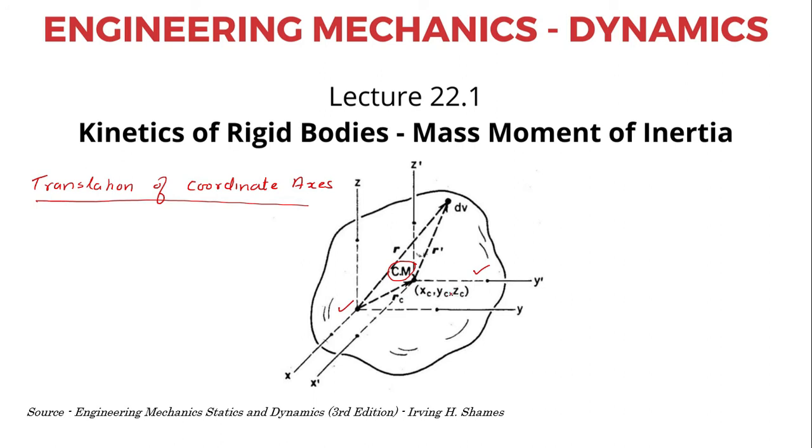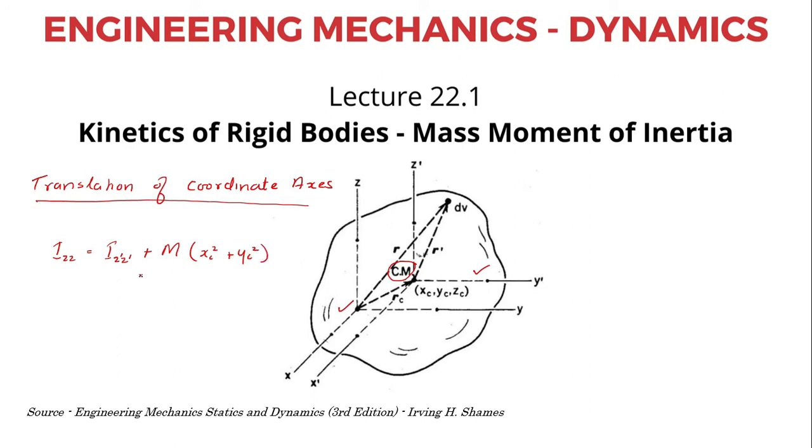I'm not going into the derivation part, but if you find the mass moment of inertia with respect to the z axis as well as with respect to the z' axis, they can be related as Izz is equal to Iz' plus the total mass into xc square plus yc square.